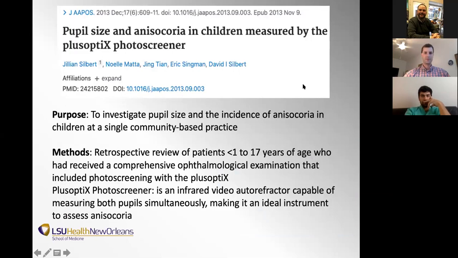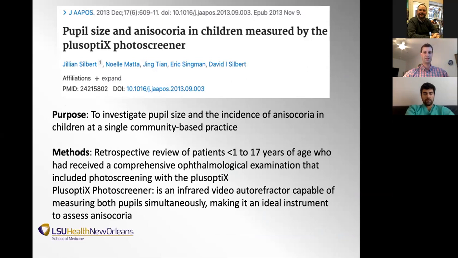All right, and then I saw an interesting study in the Journal of the American Association for Pediatric Ophthalmology and Strabismus, related to anisocoria. This was published in 2013, and the purpose was to investigate pupil size and look at the incidence of anisocoria in children at a single community-based practice. So essentially, it was a retrospective review.